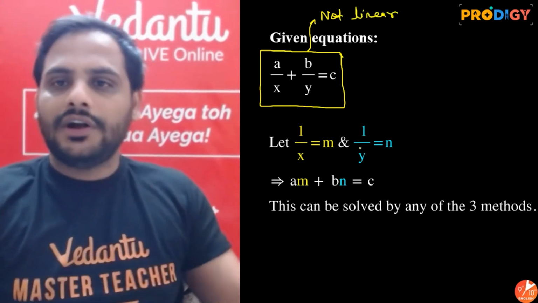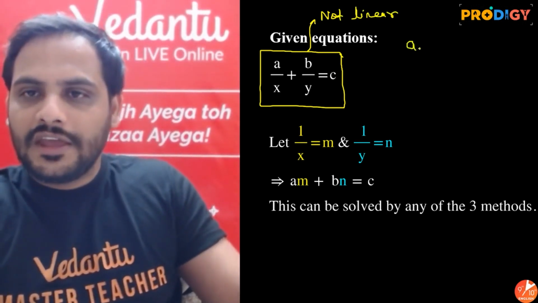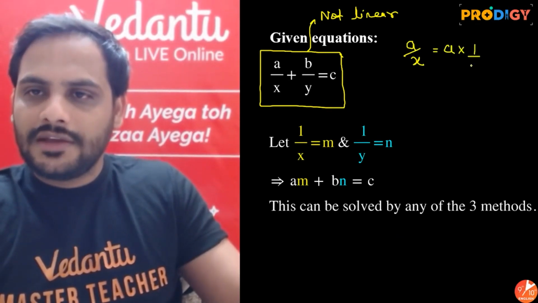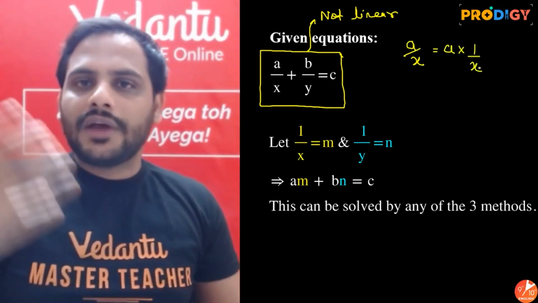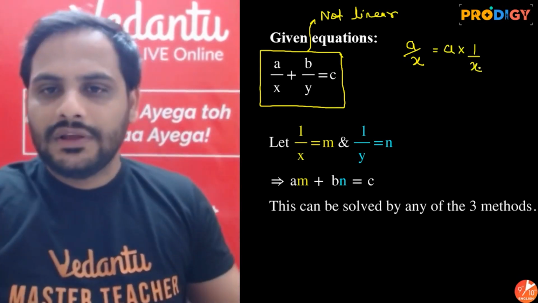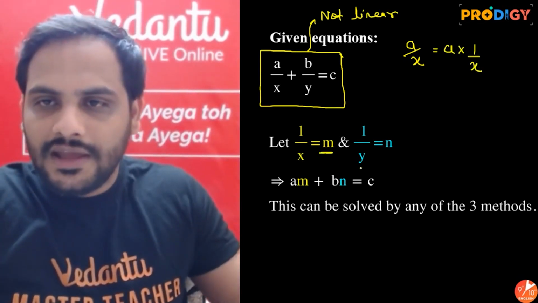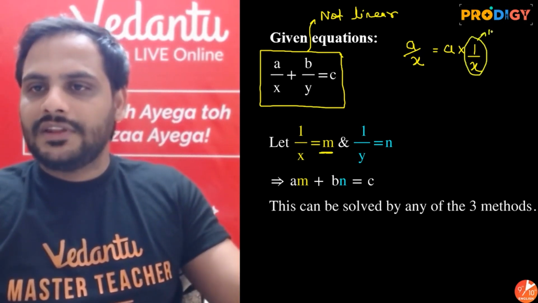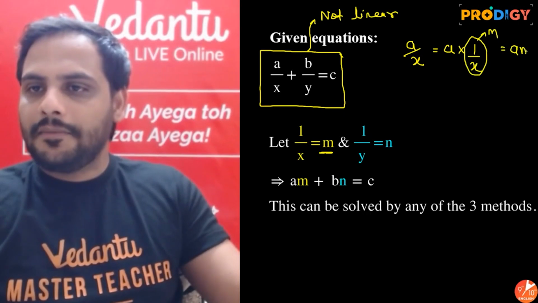But what if, dekho, I know this a by x which is written over here is nothing but a into 1 by x. Yes or no? x is in the denominator. So a is the coefficient, 1 by x is the variable. So if I replace 1 by x with m, it will become am.